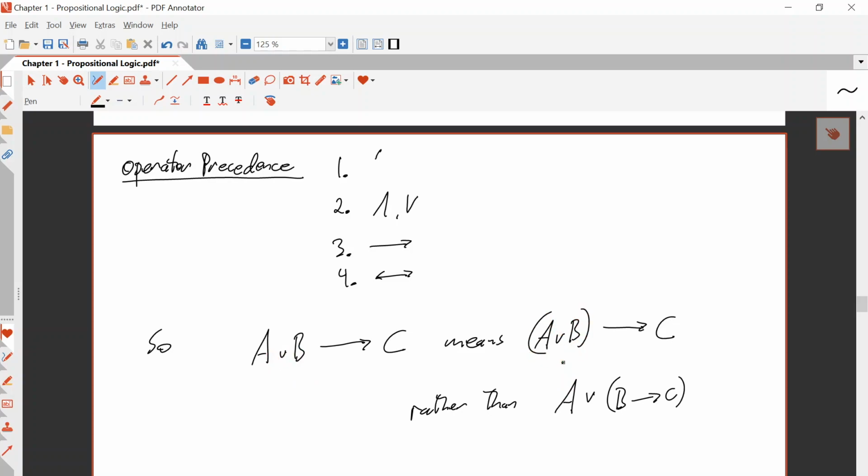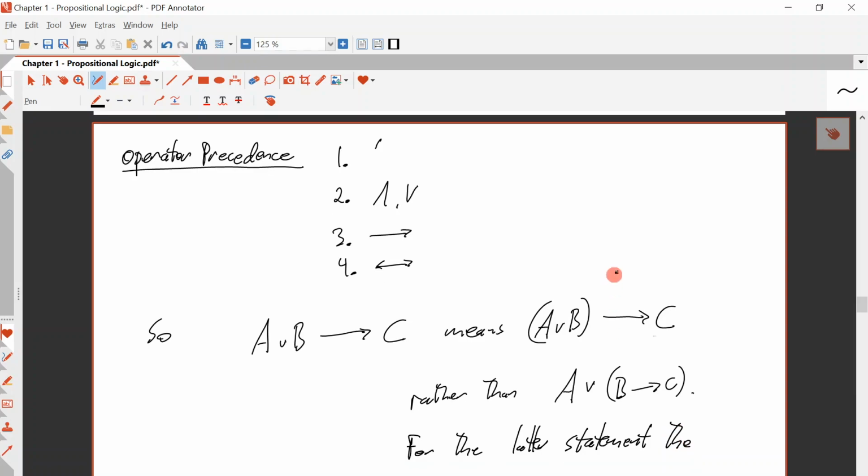First we evaluate the disjunction, and then we evaluate the implication of A or B with C. If you mean the other, first we do the implication of B and C, and then take the disjunction with A. That's different, and in that case, parentheses are necessary.